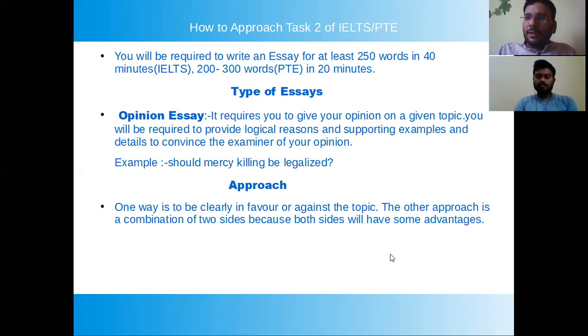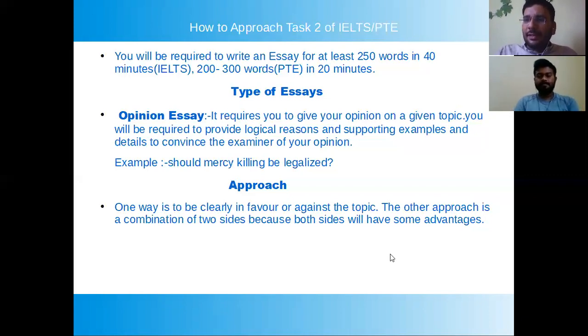To give you an example, you come across topics based on global warming and its negative effects, or how to control emission of pollution, or about population explosion, right? Or about learning a language. It could be any topic which has some sort of social significance or social relevance, right?